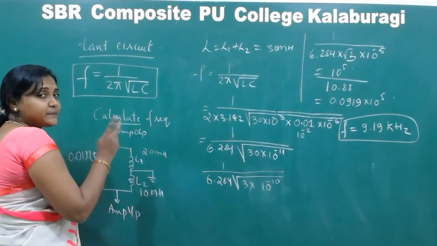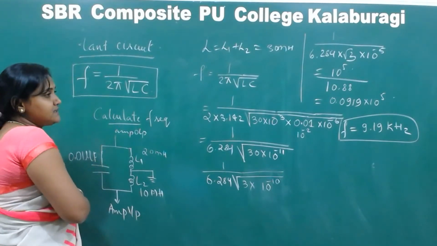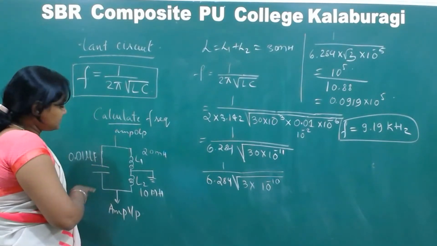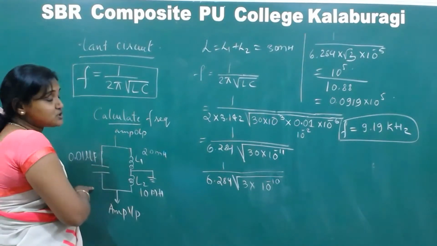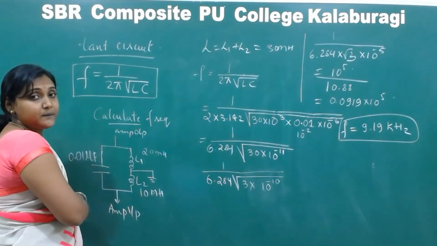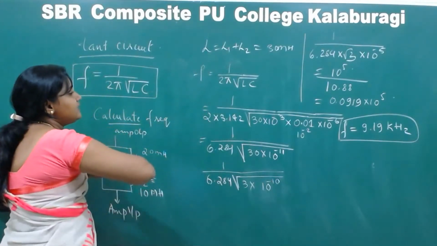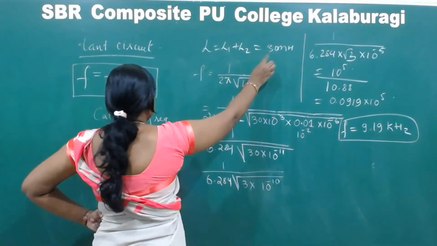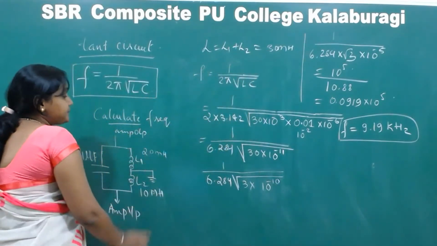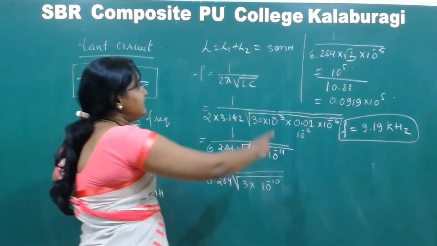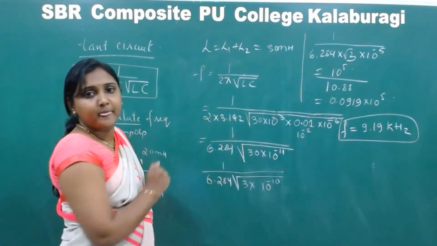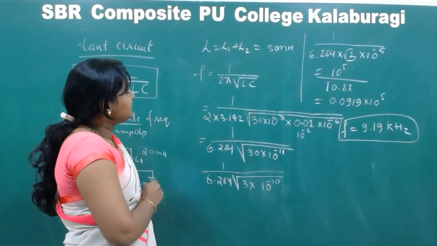If two capacitors are given, you will have to take C1 C2 divided by C1 plus C2, that means series combination of the capacitors. So here we have computed the final value of L. The final value is 10 plus 20, which is 30 millihenry.